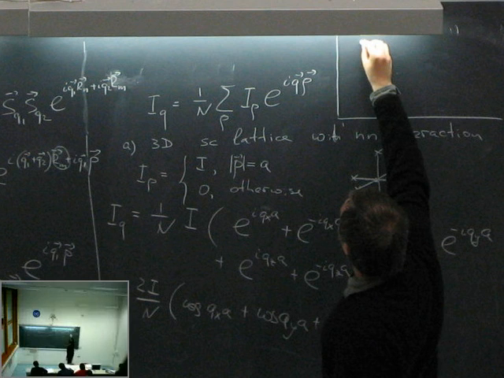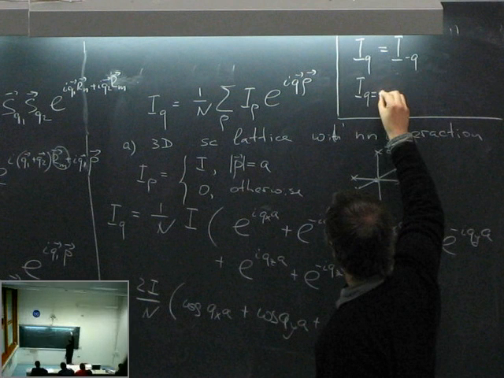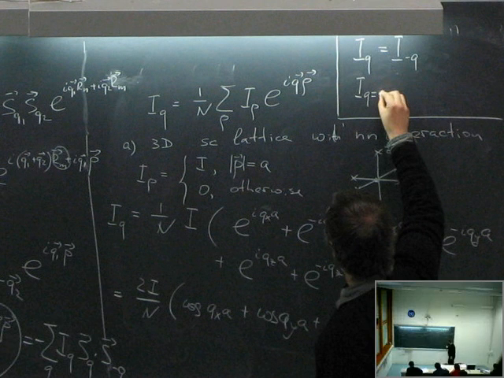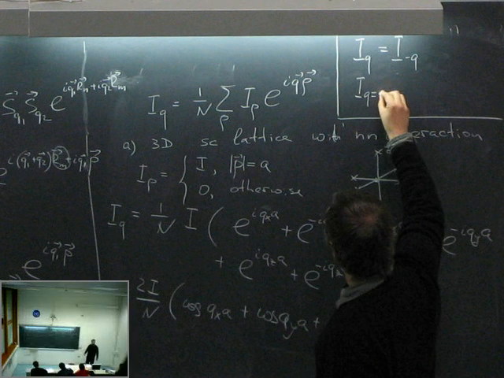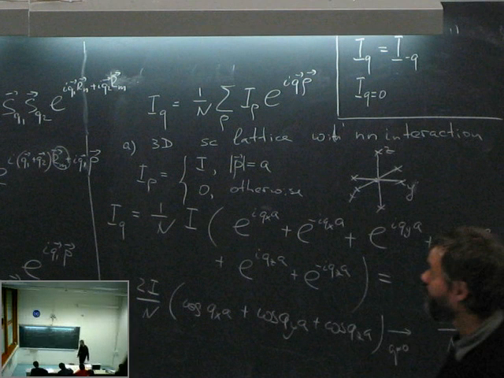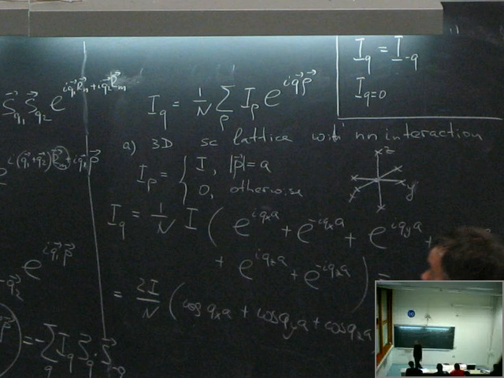Then, for example, if I take q equal to 0, I will get 6I over N. And 6 is precisely the number of nearest neighbors, or as it is sometimes referred to in the literature, the coordination number.